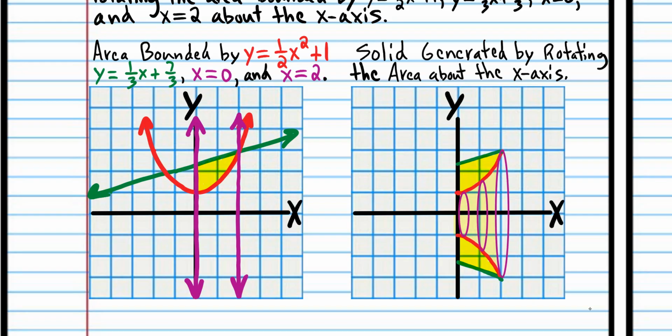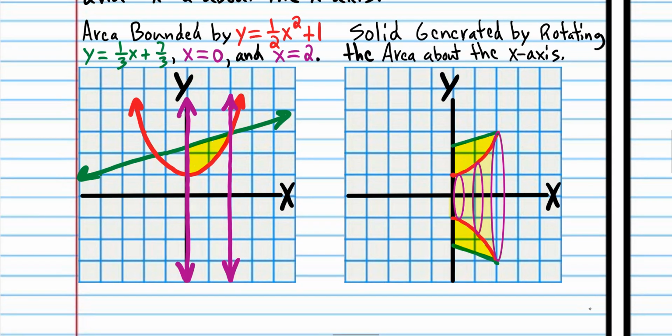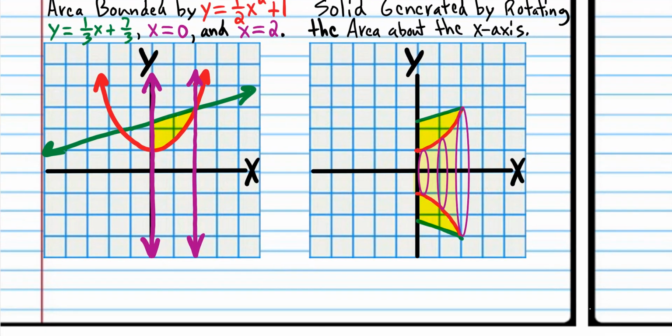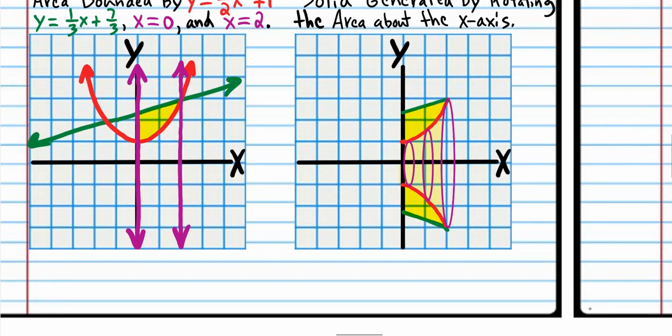So when we rotate that area about the x-axis, look what happens. We have a hollow part in the middle. Well, it turns out we can still find the volume of the solid, but we have to use what we call the washer method rather than the disk method. The washer method is really just using the disk method twice. So now what would this shape look like?